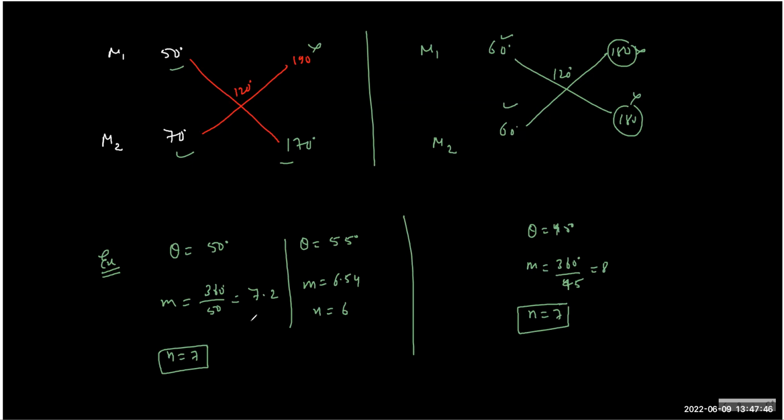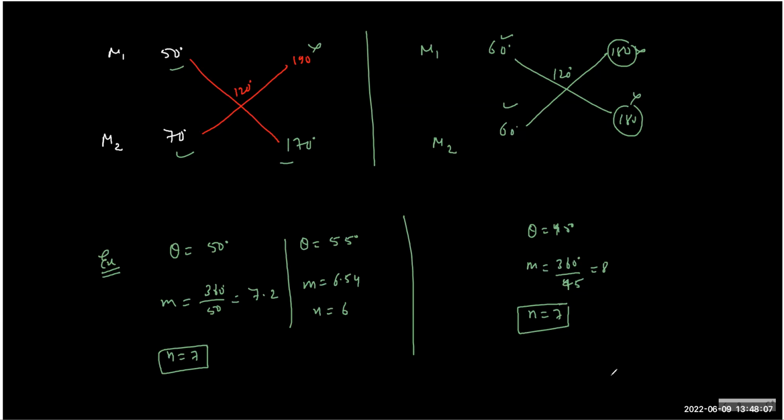So we cannot say, if the number of images is given to you, we cannot judge the angle. Given the angle, we can find the number of images, but given the images, can you find the angle between the mirrors? No. We can find the range, actually. That's exactly the question.